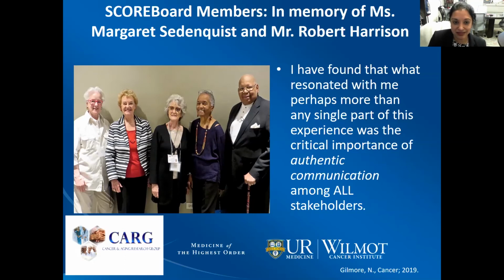Mr. Robert Harrison helped me personally and helped inform a lot of our earlier work, but passed away from advanced prostate cancer. And he suffered quite a bit with symptomatic burden from advanced prostate cancer. You can see the cane here. And then Miss Margaret Settingquist is this lovely woman in the red here with a striped jacket.